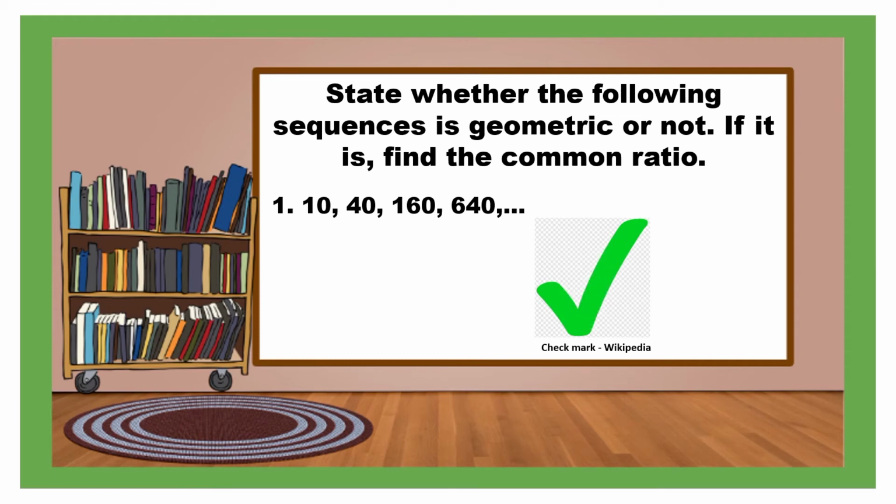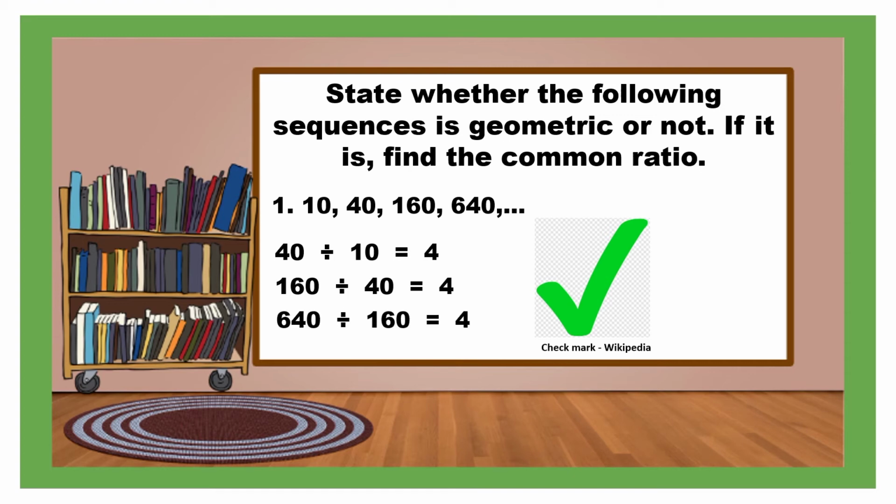It is a geometric sequence. What is the common ratio? 40 divided by 10 equals 4. 160 divided by 40 equals 4. And 640 divided by 160 equals 4. And so, the common ratio is 4.